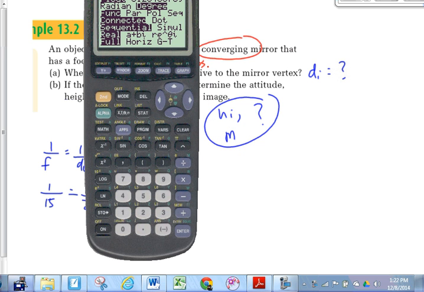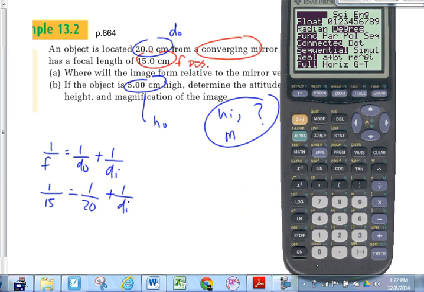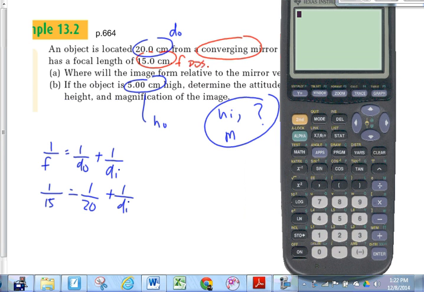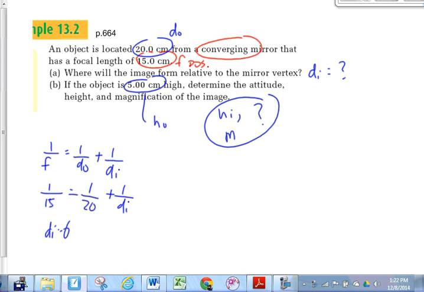Let's pull out the calculator here. Let's say 15 x to the minus 1, subtract 20 x to the minus 1. 1 over 20 goes over by subtracting. Let's flip that over. We get DI is equal to 60. DI is 60 centimeters. Good? Looking for HI and M as well.